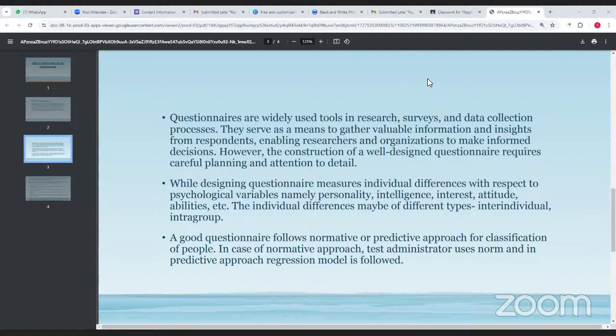We can convert to the capital T-score, or the Sten score, or the Stanine score. So there are different types of scoring procedures. Z score is the standard score.